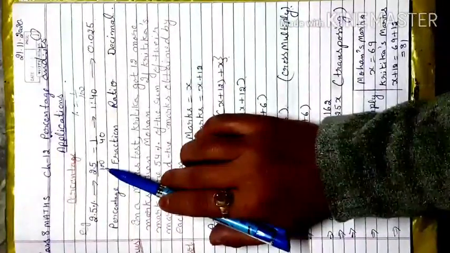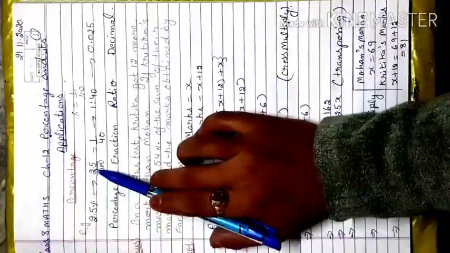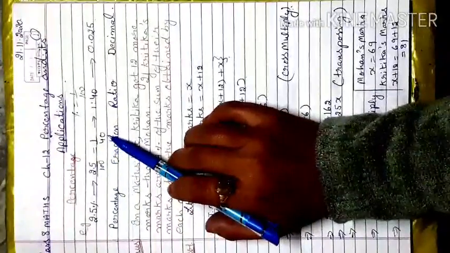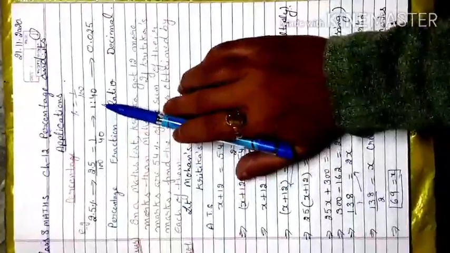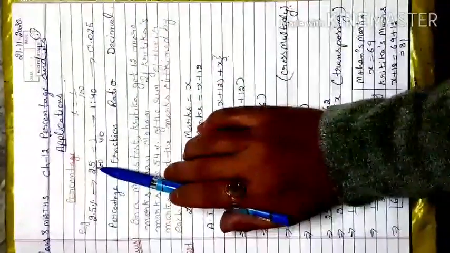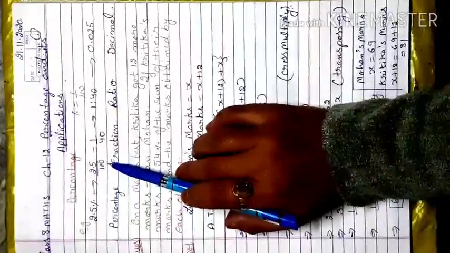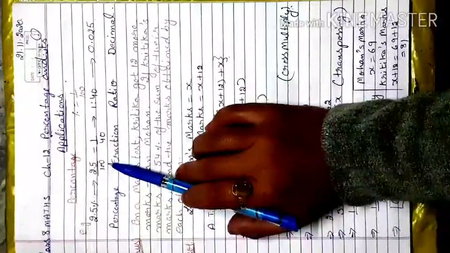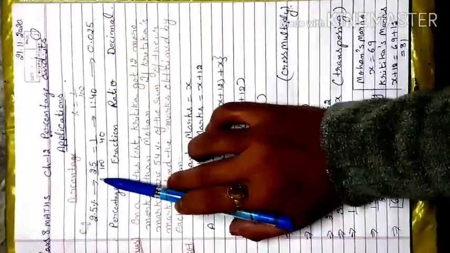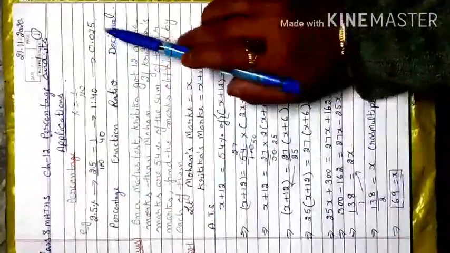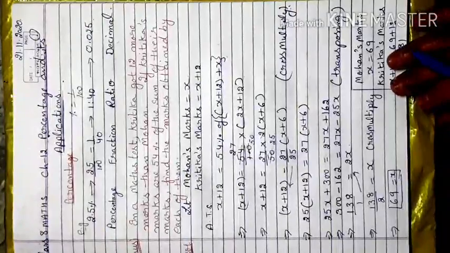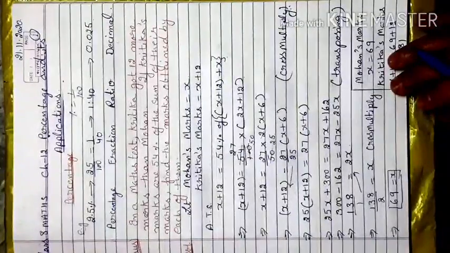Then 2.5 divided by 100, when you remove the decimal, that becomes 1 by 40, which gives me the fraction. If you write it as a ratio, 1:40. And if you write it in decimal, here 2.5, you shift the decimal 2 places, so that is 0.025. Here we are discussing some questions regarding where we need the percentage.